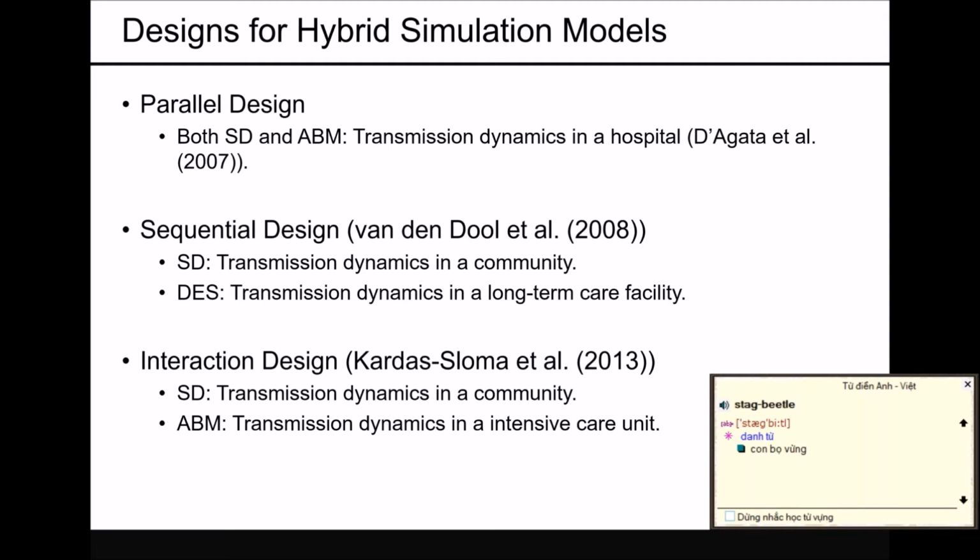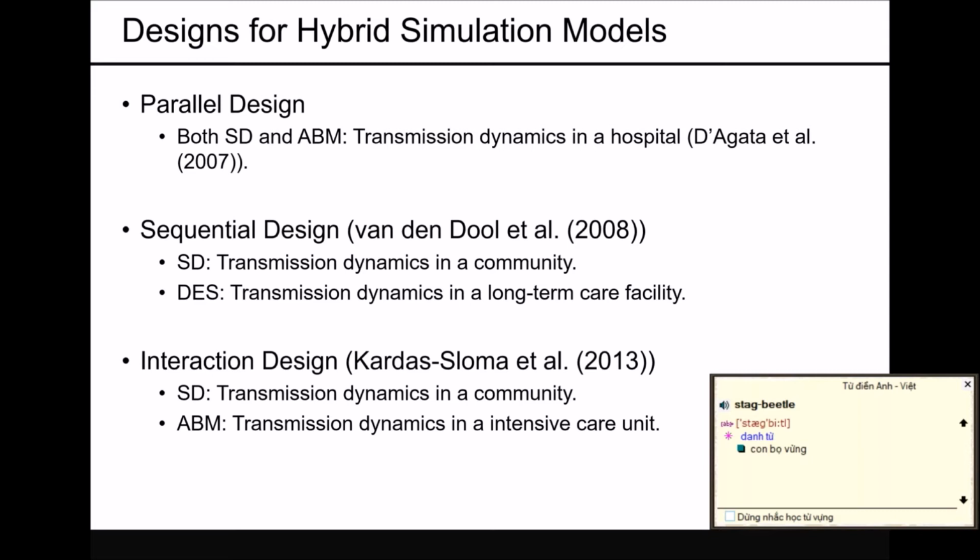Discrete event simulation was then adopted to simulate the transmission dynamics of influenza in a long-term care facility. As the prevalence of influenza virus in the community influences the rate at which patients, healthcare workers, and visitors introduce the virus when they enter the long-term care facility, the prevalence and the incidence of infection generated by the SD model were passed to the DES model.